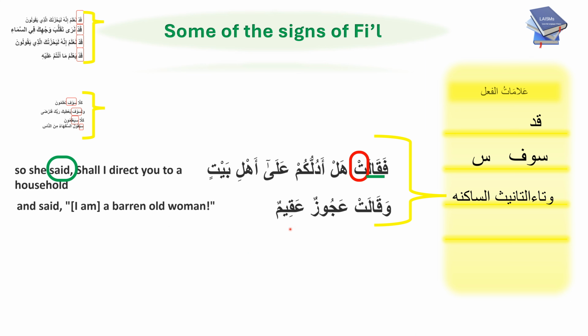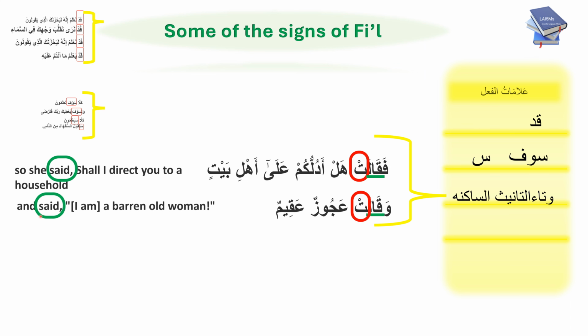وقالت عجوز عقيم. And said, I am a barren and an old woman. قالت, again, the word that comes before it has to be a verb. قال, said. وقالت, and said.